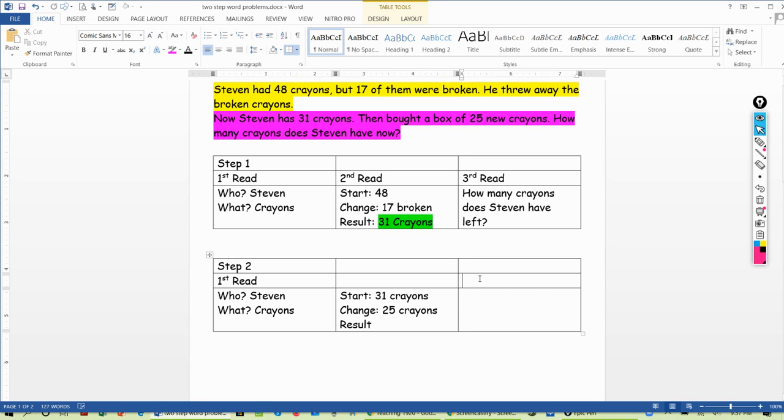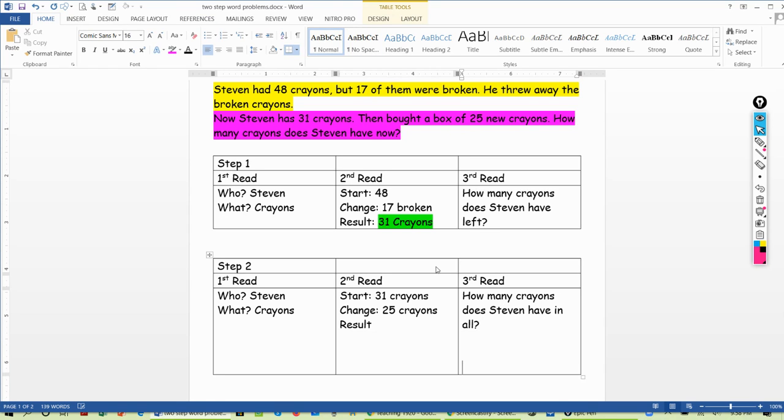So the third read question would be, how many crayons does Stephen have in all? Though it doesn't say "in all," that's what the question is about, right?